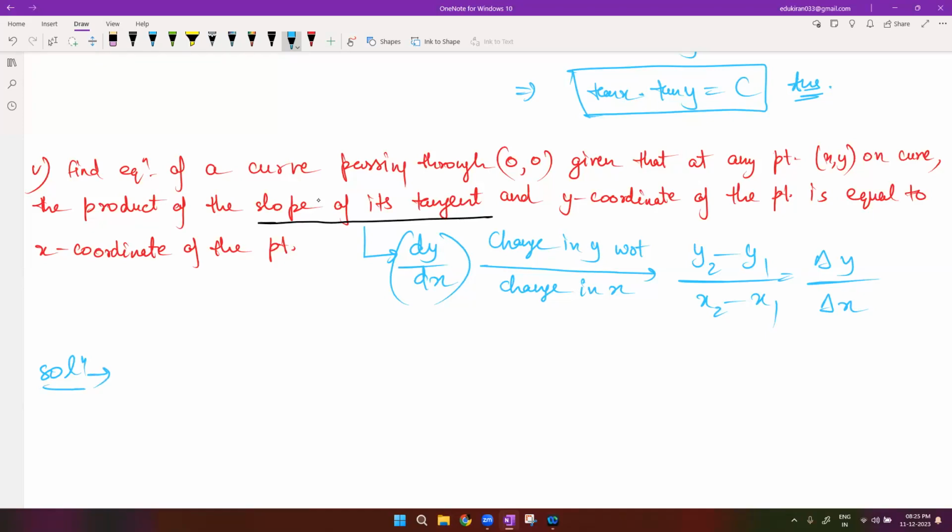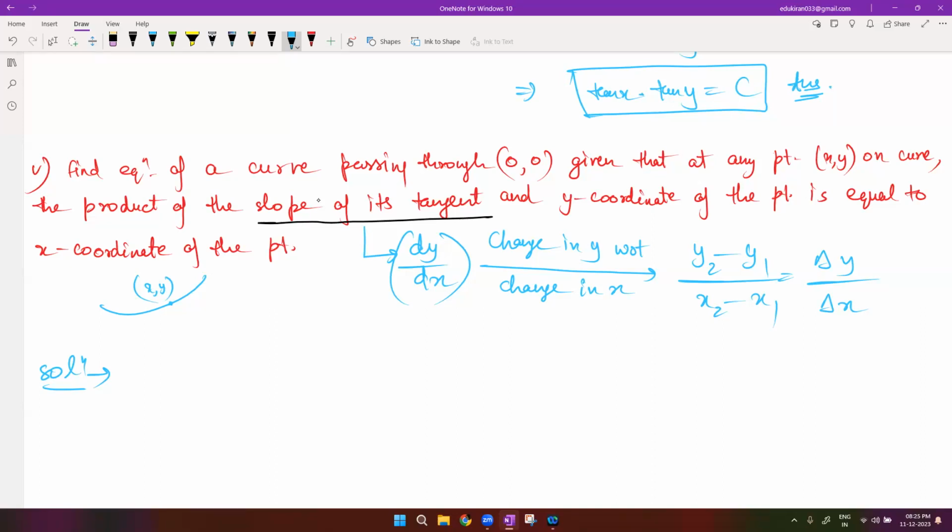So we have to find the equation of a curve which is passing through the origin. That is, this curve satisfies x equals 0 and y equals 0; x equals 0 and y equals 0 is a solution of this curve. Now the curve is passing through this origin, and given that at any point x comma y on the curve, you can take any point on this curve and consider that point as x comma y.